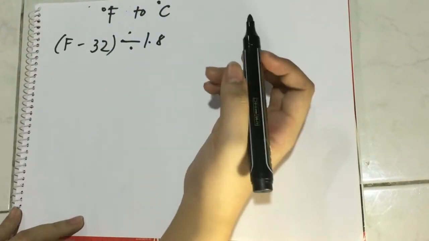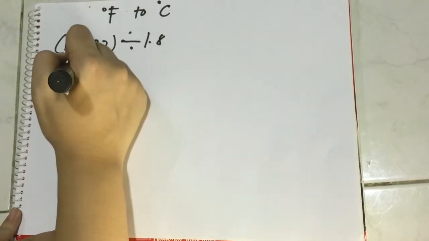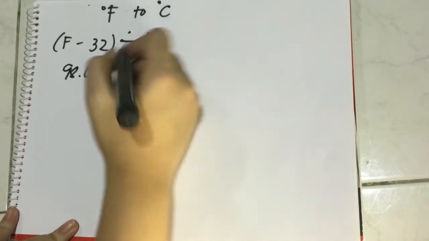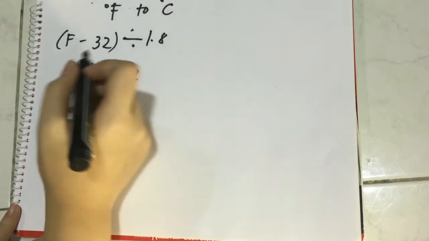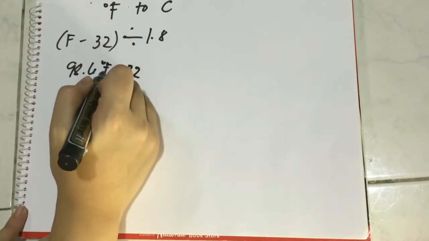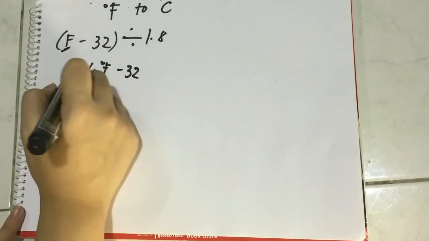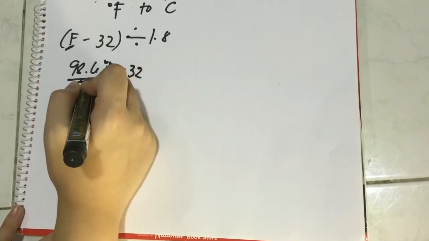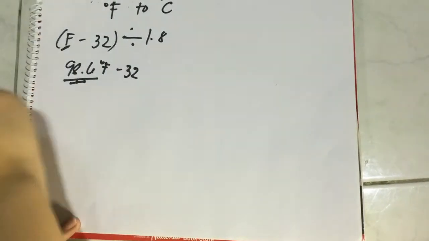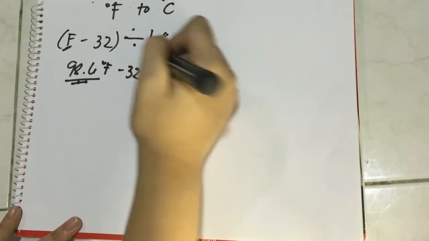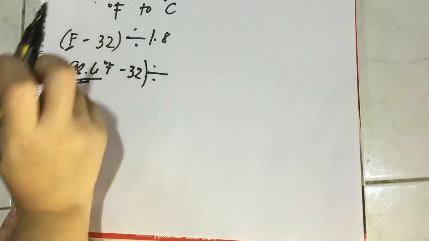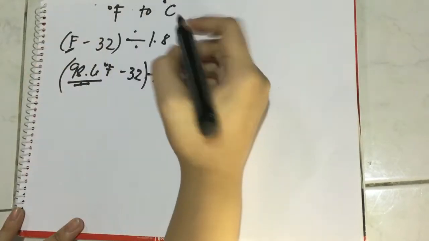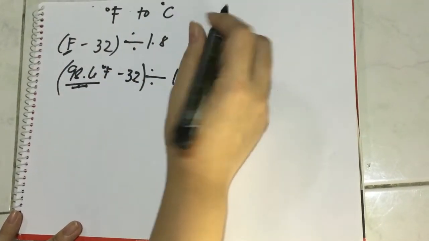For example, we have 98.6 Fahrenheit minus 32. Substitute the value of the Fahrenheit here, which is 98.6. 98.6 Fahrenheit minus 32, divided by, you have to remember the parentheses on these sides, divided by 1.8.